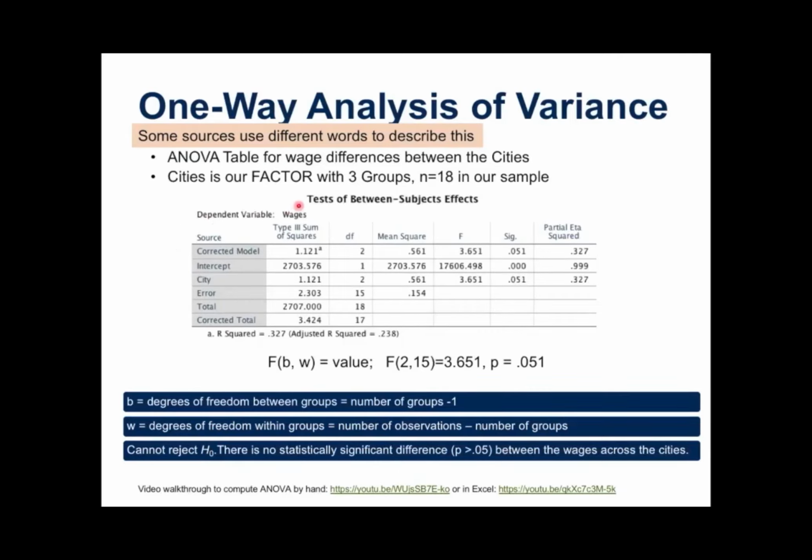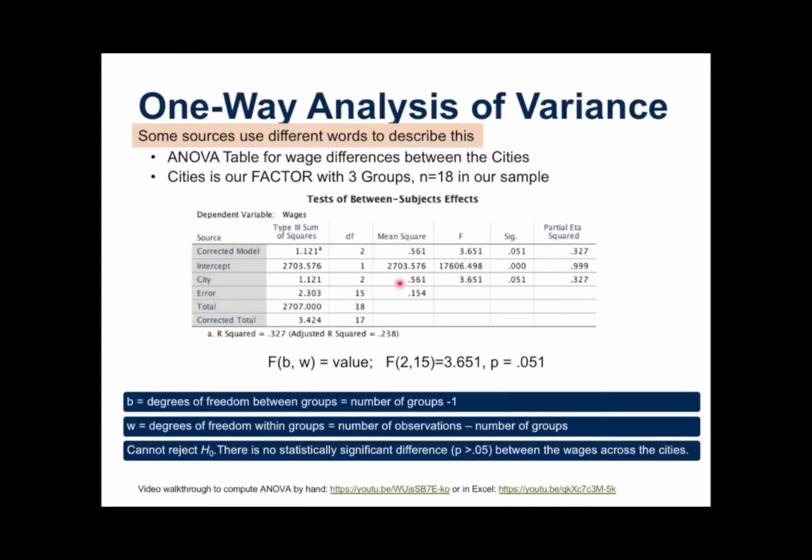Here is the output from SPSS, and you're going to see that SPSS outputs it still a little different. Whatever the variable is, the factor that we are examining, it will put the name of that factor here. And this is the row that we need to be paying attention to. It has a very similar structure to those that we looked at above.